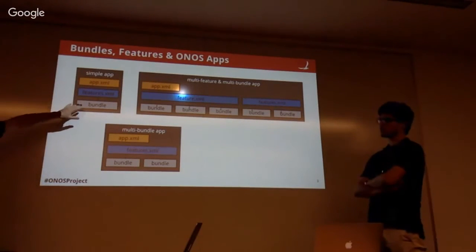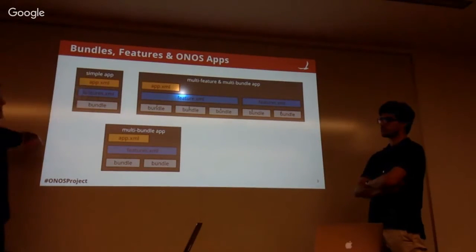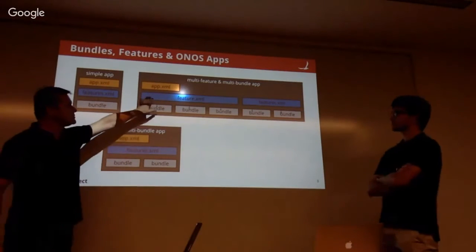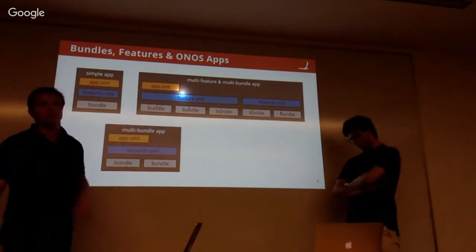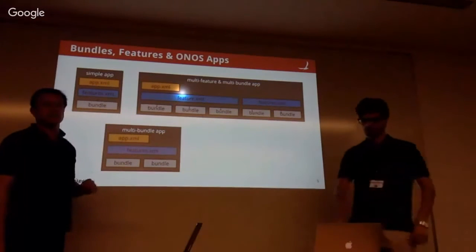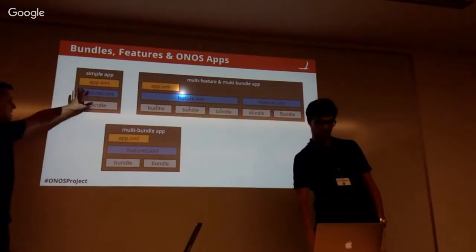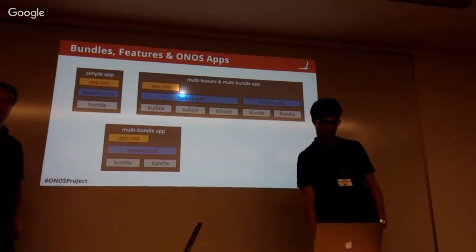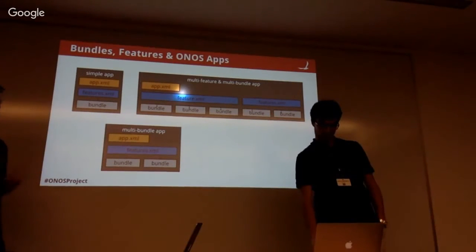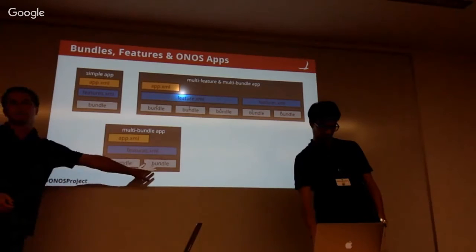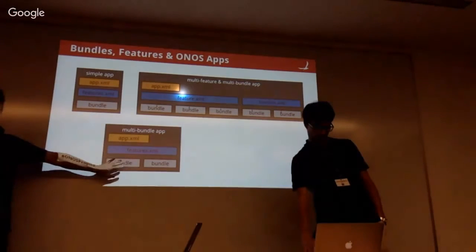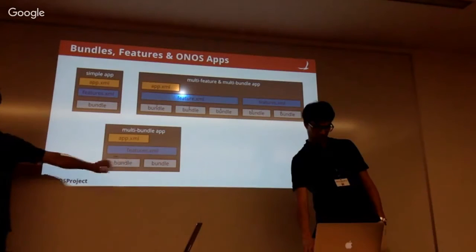It can be as straightforward as a single bundle with a feature file and an application description, or it can be as complex as a multi-bundle, multi-feature entity, again just with more application description files. The majority of our applications today are either this or that, because as you look at the source tree, most applications which want to facilitate interaction with other applications will usually provide an API bundle and an implementation bundle, so that the API bundle can be exported for other applications to depend on and compile against.